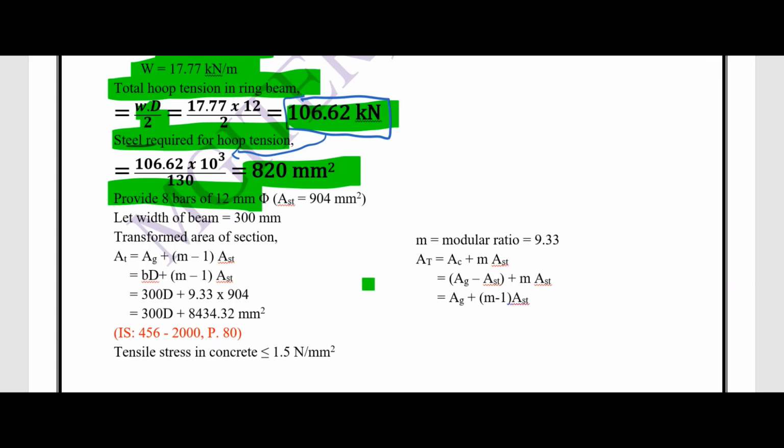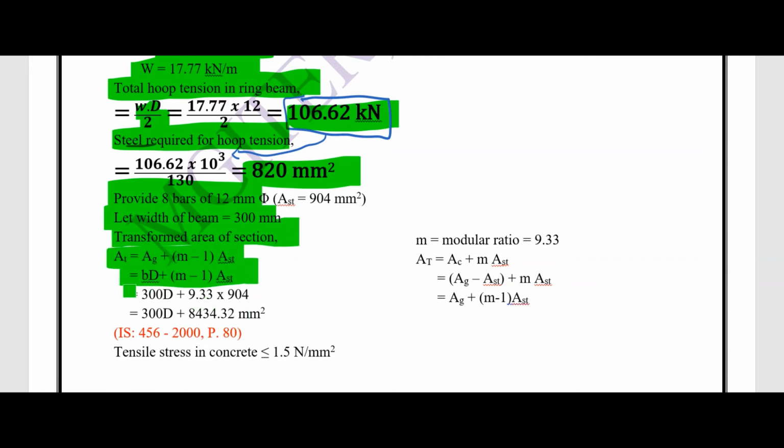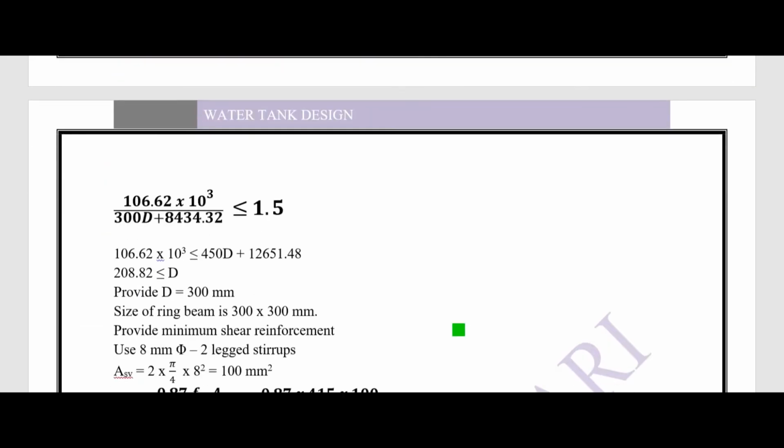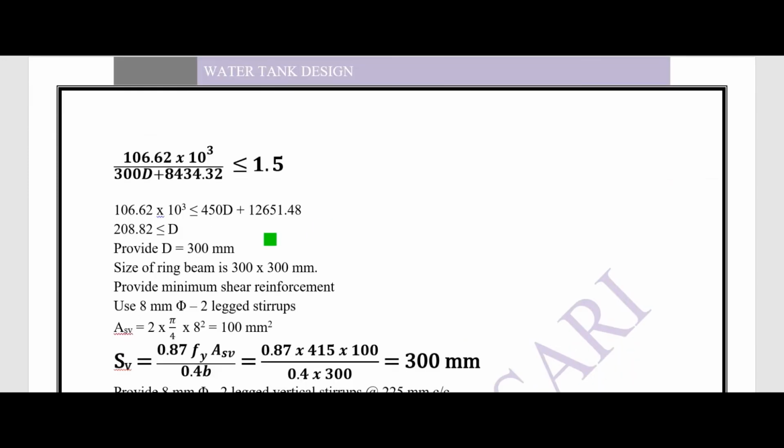So we require the dimension. The width of beam is 300 mm. So transformed area of section is A_T = (m minus 1) A_st. By this equation we found the thickness, the depth is 300 mm. So size of ring beam is 300 by 300 mm. So by this provide minimum shear reinforcement.